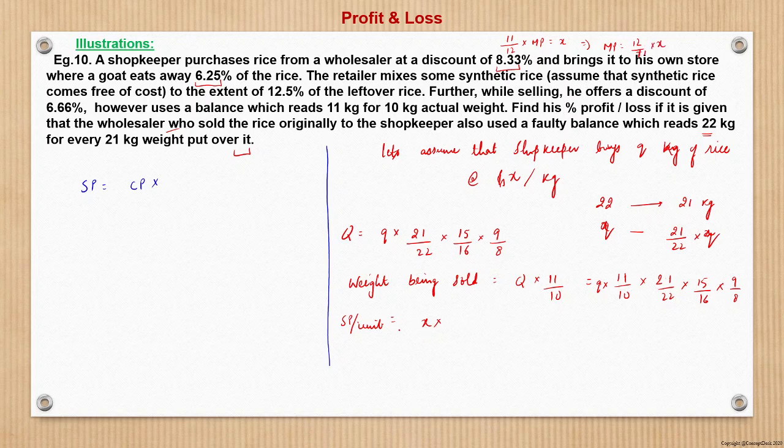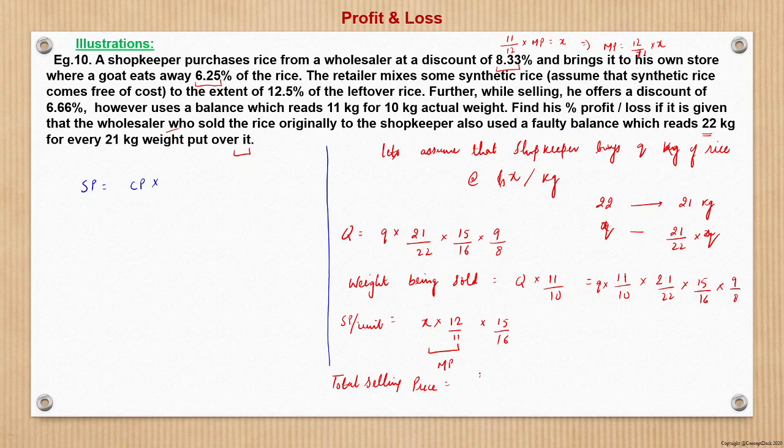So therefore SP per unit will be MP into discount. So X into 12 by 11, this becomes the MP, into discount. Now he is offering a discount of 6.66%. 6.66 means 1 by 15. So what remains is 14 by 15 after giving a discount, right? So this is the total impact on the price. So total selling price will be quantity being sold into the price at which it is being sold.